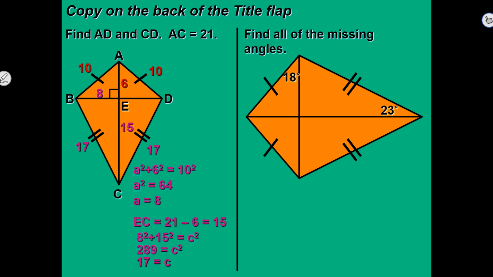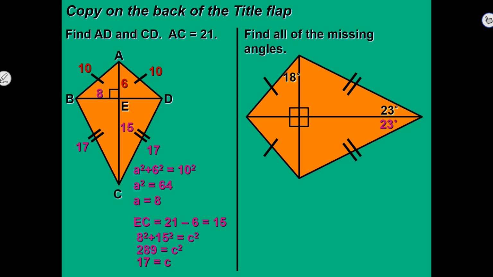And we also said that because of these markings, we have two isosceles triangles. So in isosceles triangles, not only are the sides congruent, the base angles are also congruent. So if this is 18, then this piece must also be 18. And what do I know all the angles right here at the intersection of the diagonals are? 90.